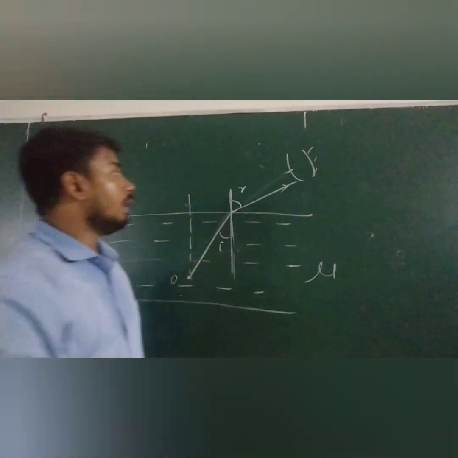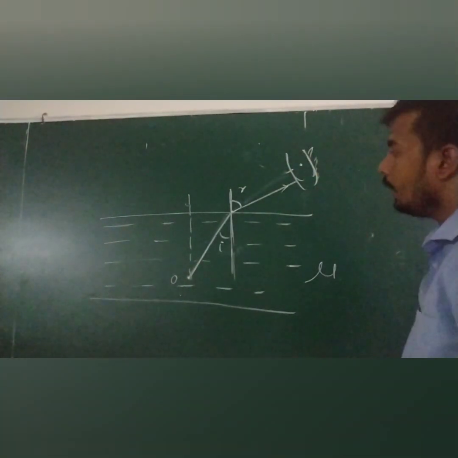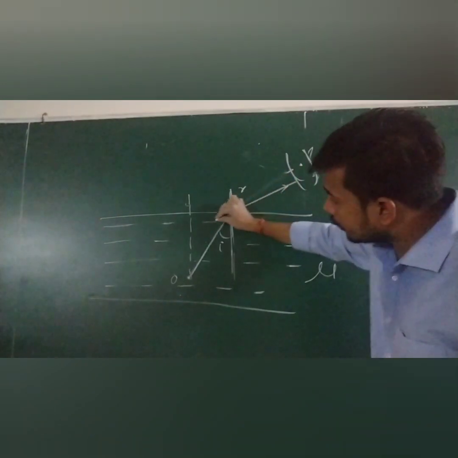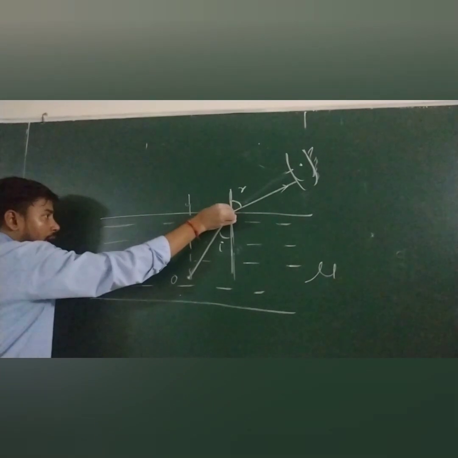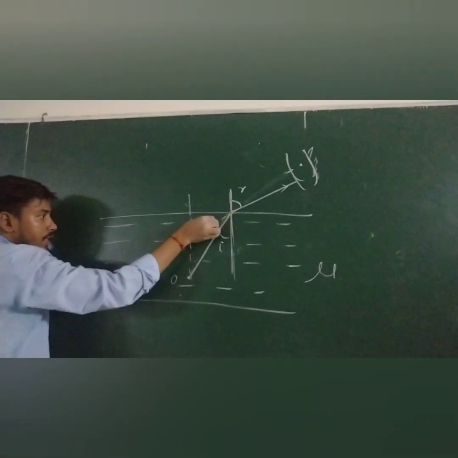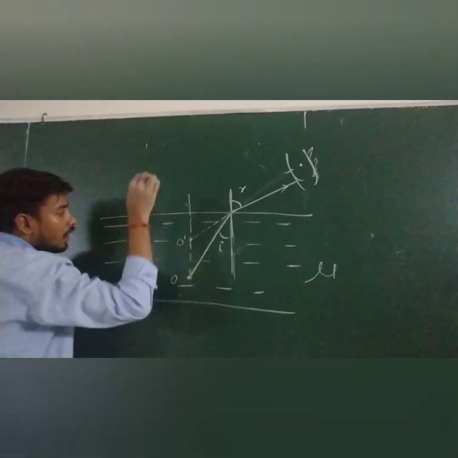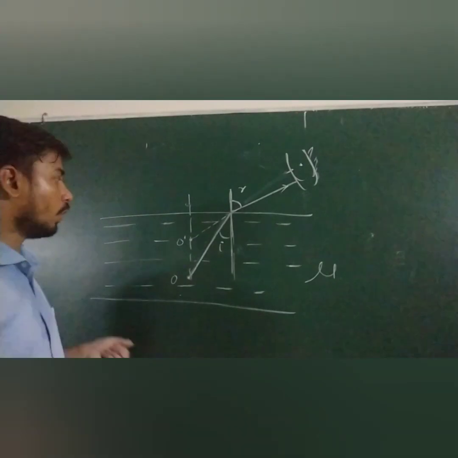Now see, if an observer is looking from here, the observer will say light is coming from this point. So this is the original object and this is a virtual object, or you can say apparent object.